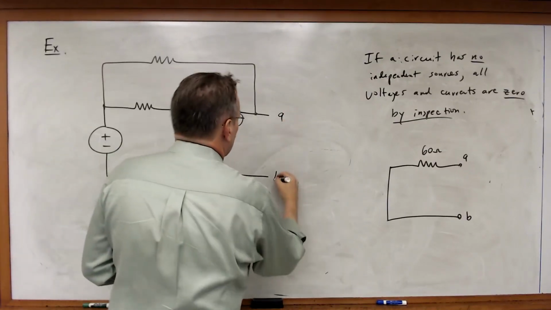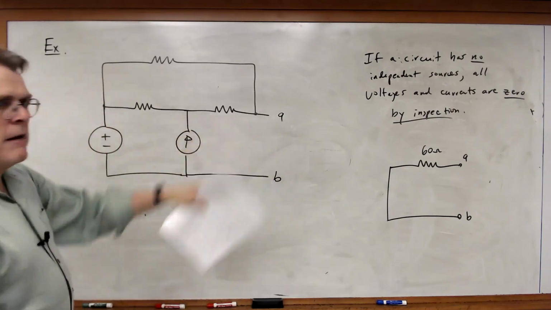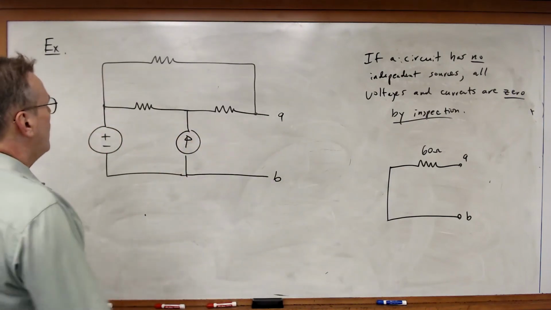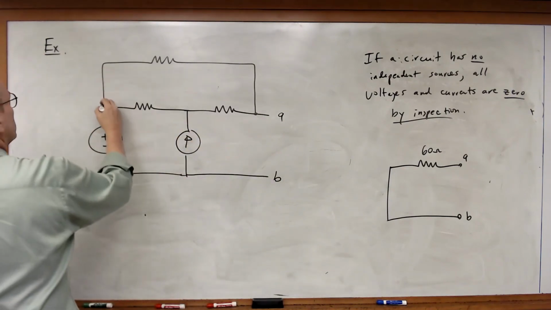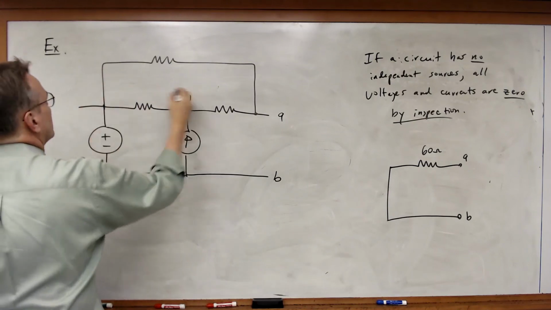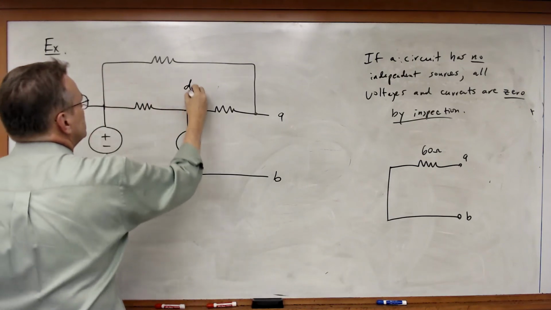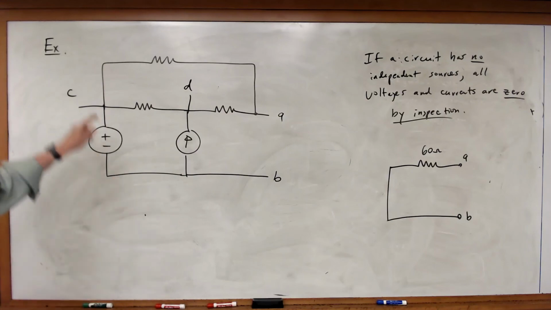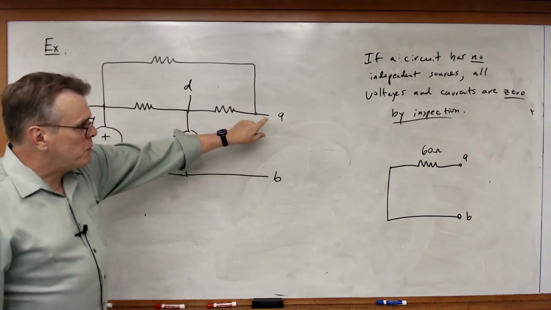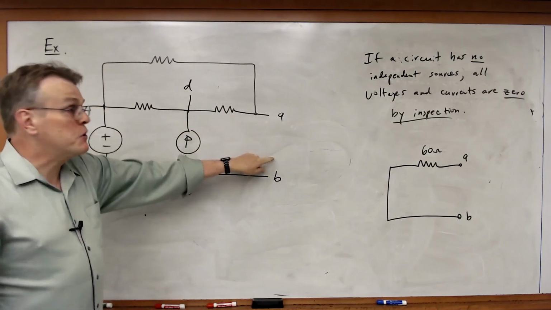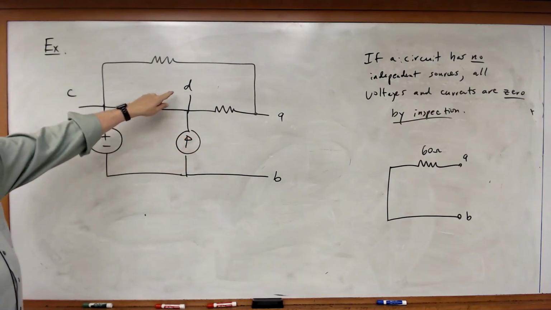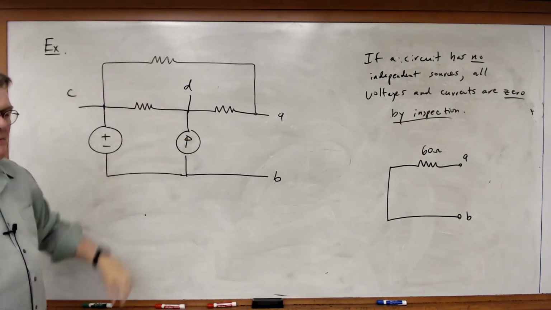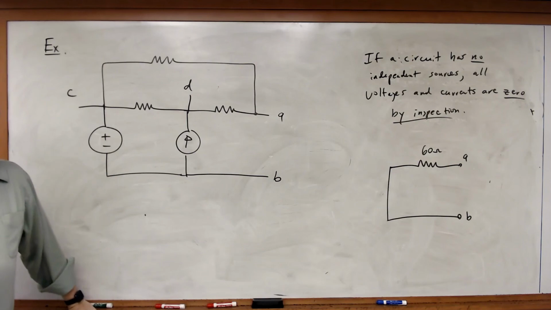Okay. I've got nodes A and B I'm pulling out here. Over here, I've got nodes C and D. The Thevenin equivalent circuit between A and B is going to be different than the Thevenin equivalent circuit between C and D. And if you think about it, that makes sense.